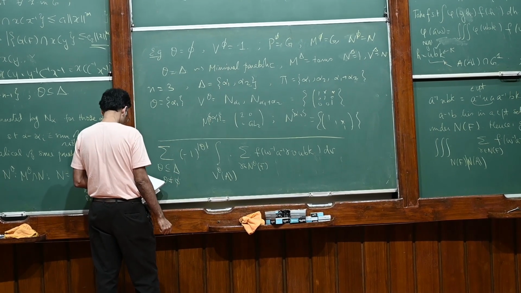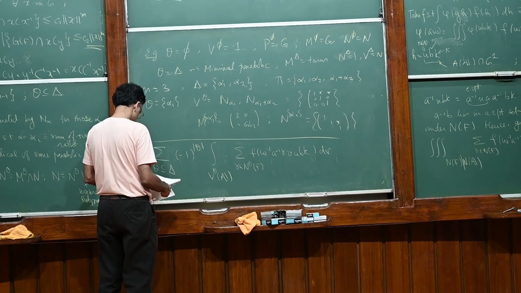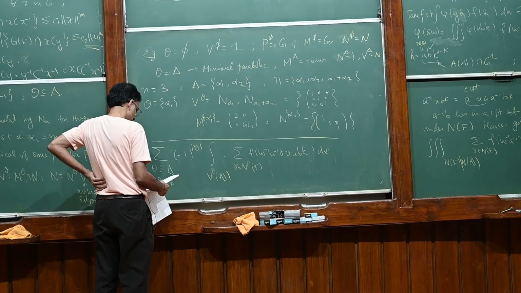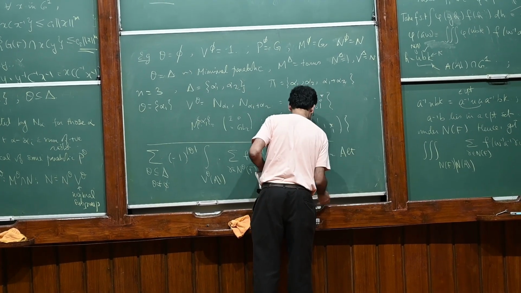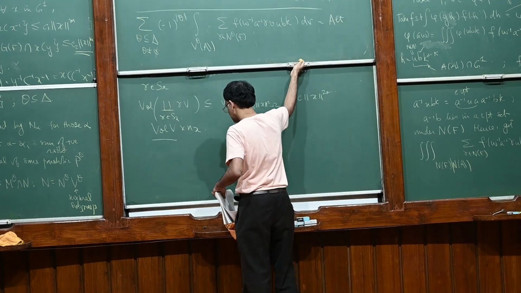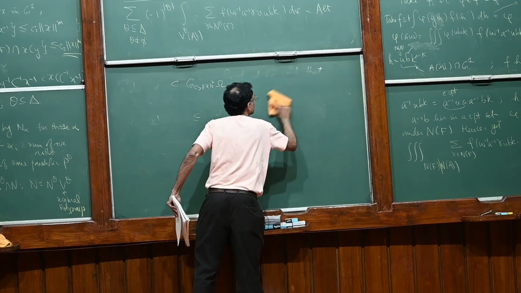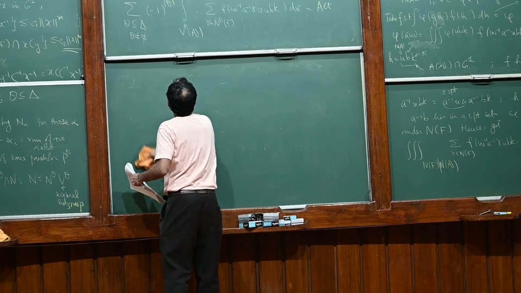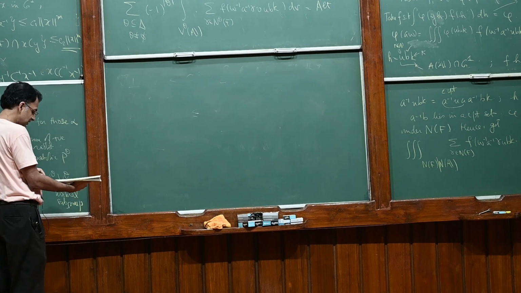Alright, and I'll call this whole thing the alternating sum, so I'll just call it point. Okay. So now, here is the point. You see, I can decompose my n as v theta times n theta, right?